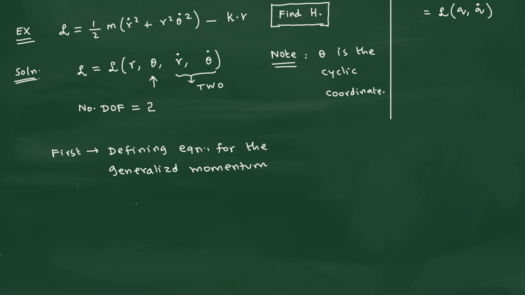And the standard definition says: the partial derivative of the Lagrangian divided by dou qi dot. This is the general definition.